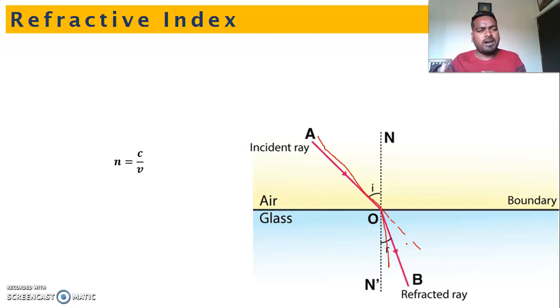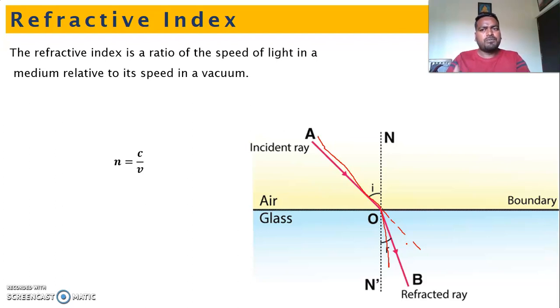When you pass light from one medium to another medium, refraction takes place. As a result, the velocity of light is different in the two media. So the refractive index is nothing but the ratio of the speed of light in a vacuum relative to the speed of light in a medium.